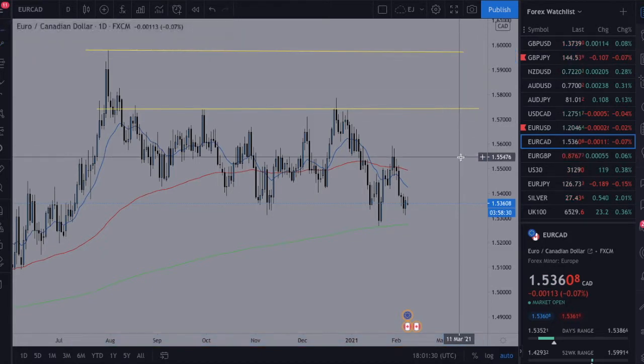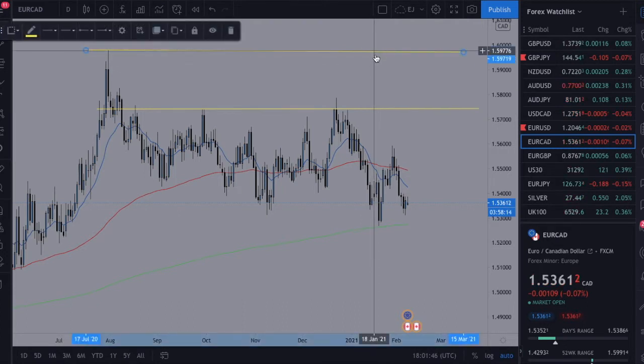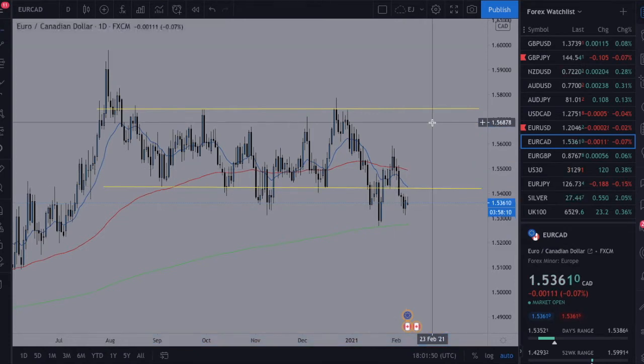I've drawn two lines on. This line here could act as resistance. Resistance you can look at like a house: resistance would be the ceiling, and if you're looking at the floor, that's essentially the support.